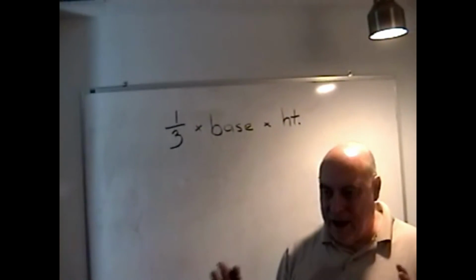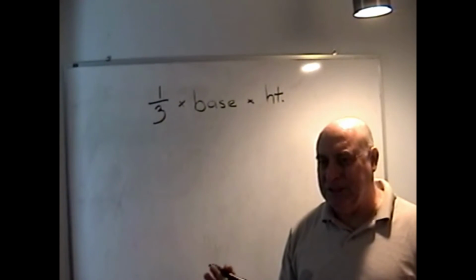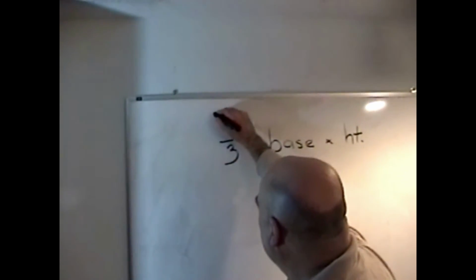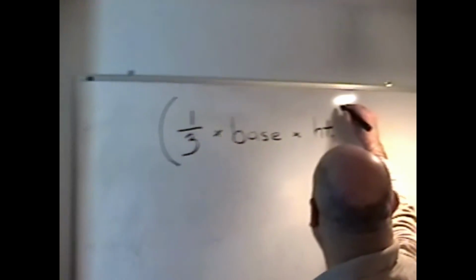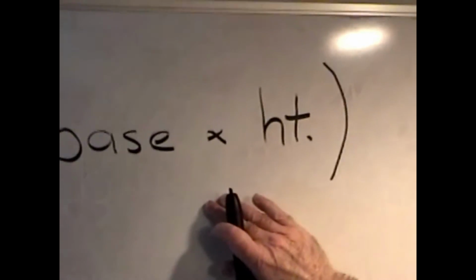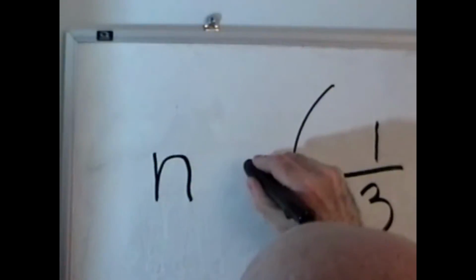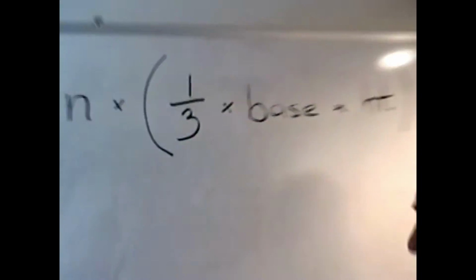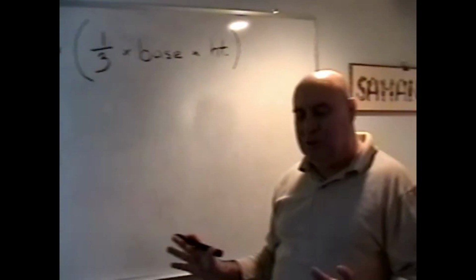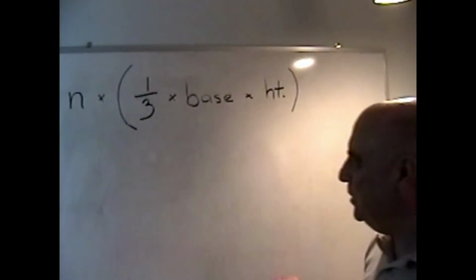Now, if we're going to make up a sphere from a humongous number of really, really skinny pyramids, the whole volume of the sphere is going to be equal to the volume of each individual pyramid times the number of pyramids. And let's say that the number of pyramids is equal to n. And remember, n is a huge number, billions and billions in theory. So let's pursue this a little bit more.